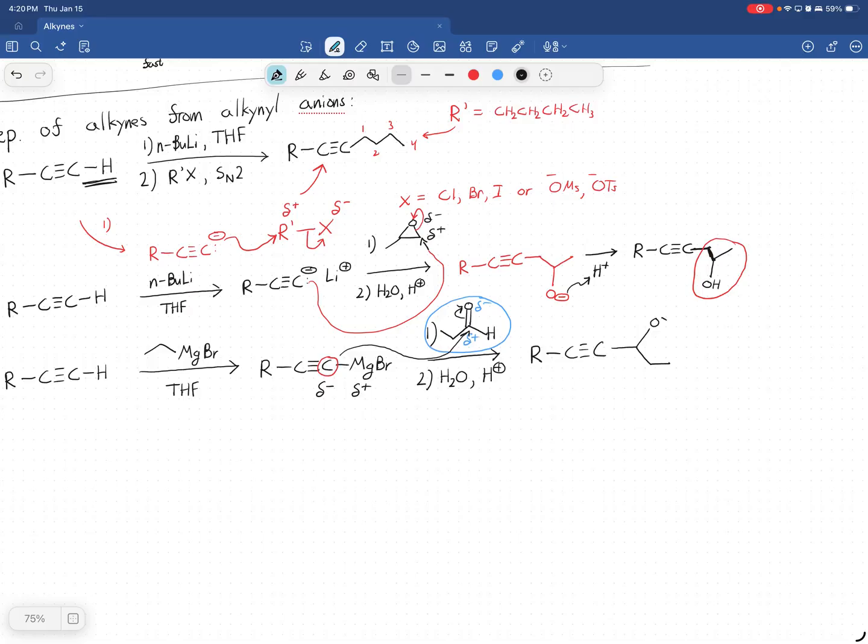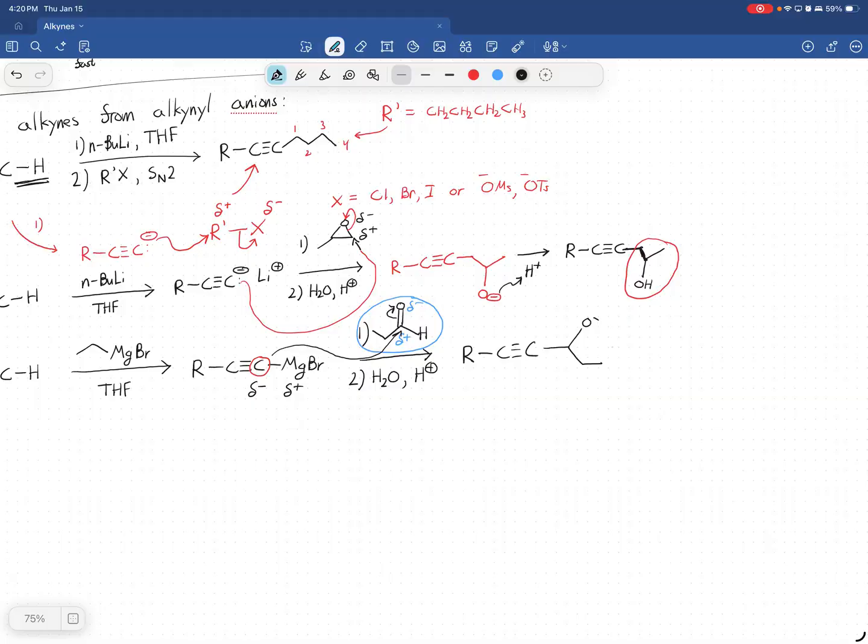The second step is aqueous workup, so you have H plus, and the negative charge picks up that floating hydrogen ion very quickly. What you end up with is the protonated alcohol, an alkynol, so it has an alkyne and an alcohol. Like that.